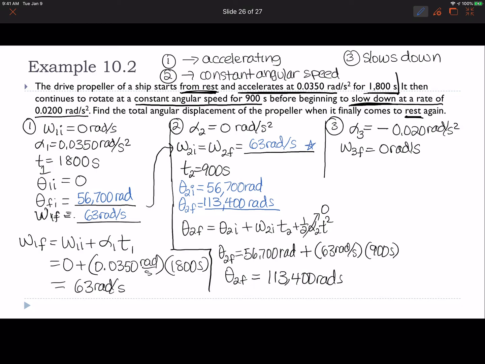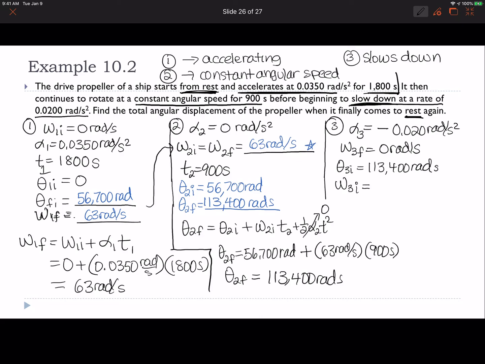So now I can move on to the third part of the motion. In the third part of the motion, I know that the initial angular position is going to be 113,400 radians. And I also actually know what the initial angular velocity is.